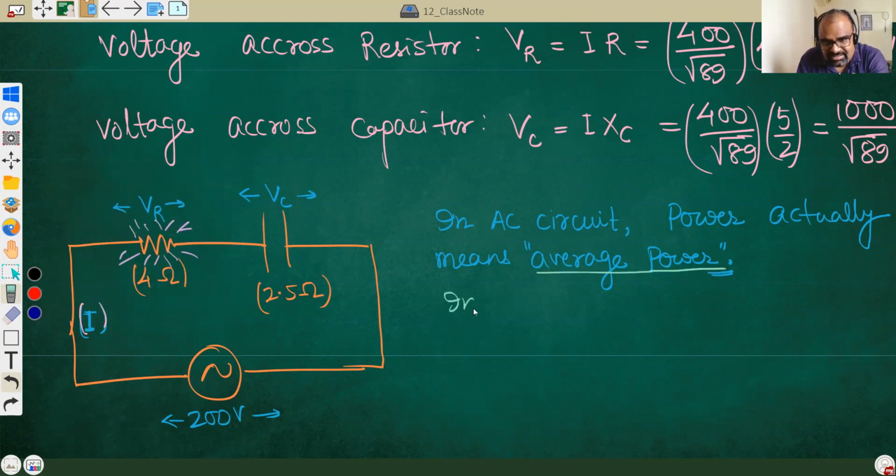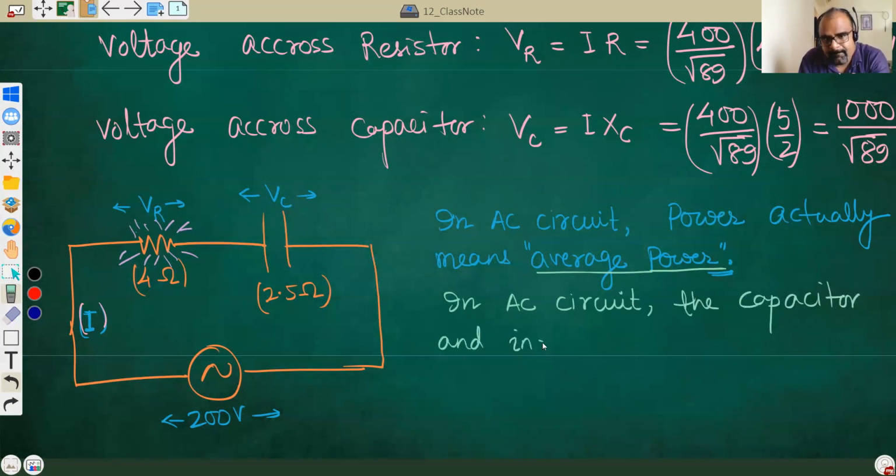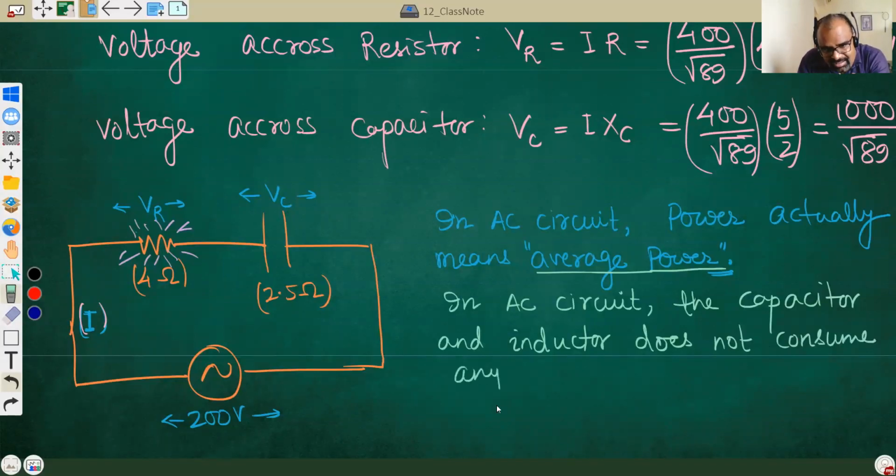In AC circuit, the capacitor and inductor does not consume any power on an average.